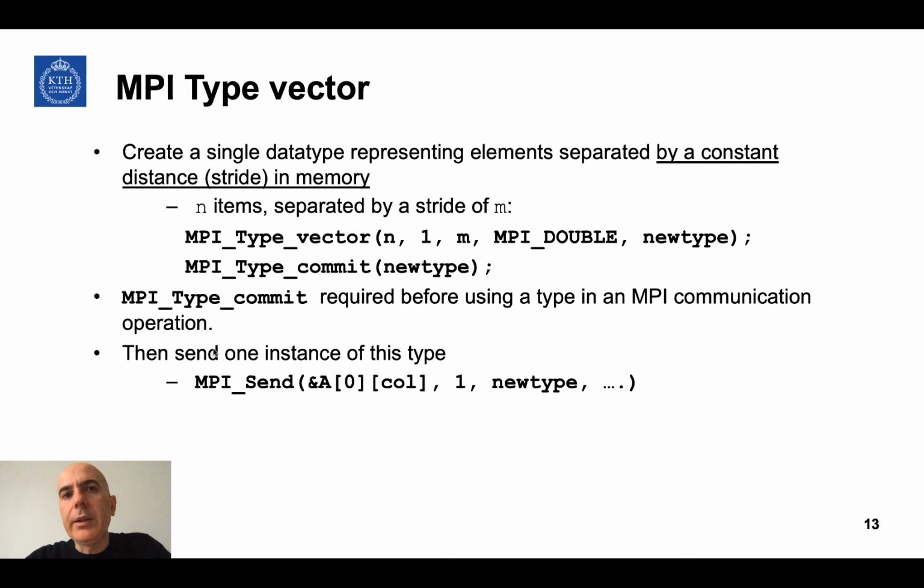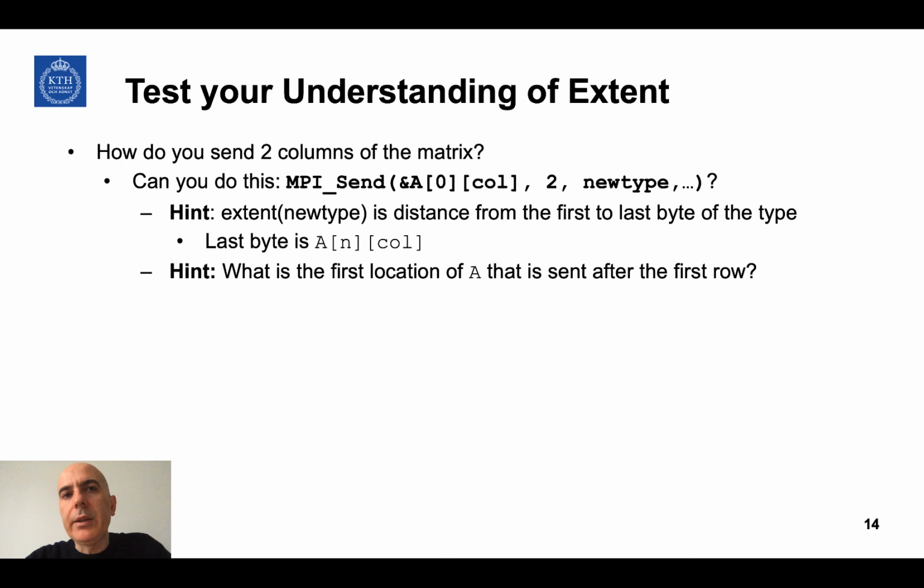Then we can send one instance of this type. We provide the starting address of our array, and the type is this new type I've defined here, n elements with the stride m, and this will send our column.